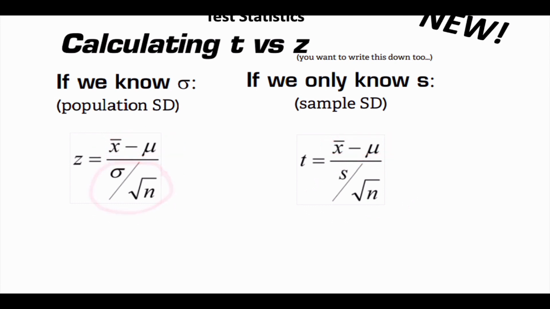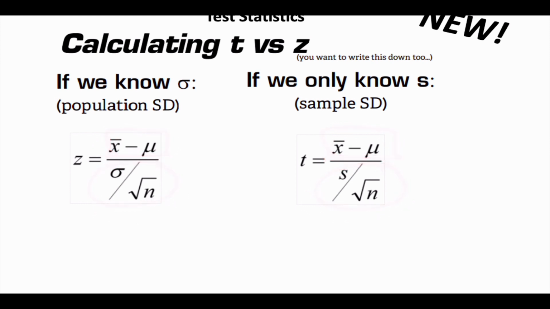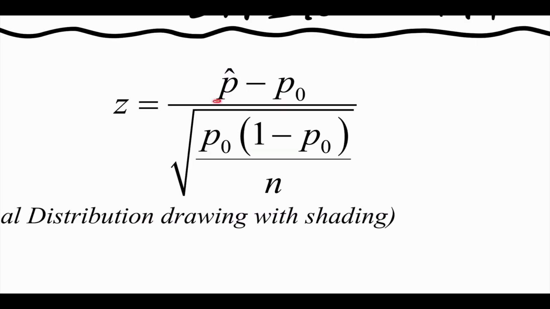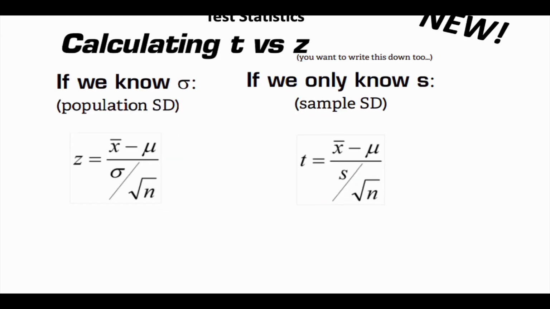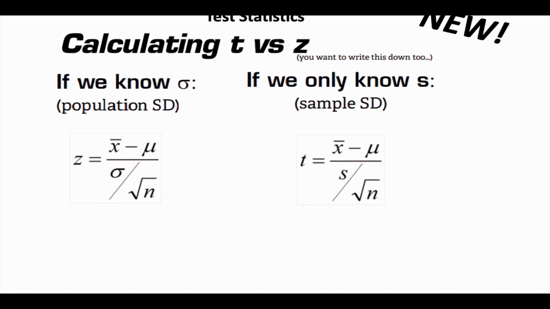One more time, I just said it. This right here is on the formula sheet. The top is not, but it's always the same. The sample minus the true mean. The sample minus the true proportion. That's how it always starts. And then the bottom is given. This part is given. That part is given on the formula sheet. Okay.